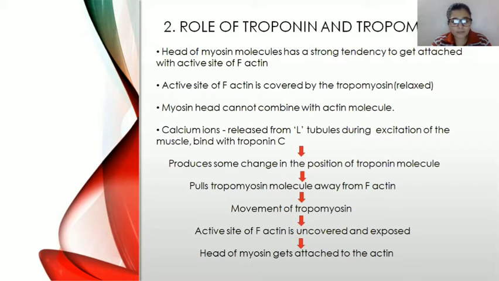The calcium ions released earlier from the L tubules during excitation of the muscle bind with troponin C. When they bind, there are changes in the troponin molecule, and the troponin in turn pulls the tropomyosin molecule which was covering the F-actin site. Through this mechanism, the active site is now open, and the myosin head can easily combine with that actin site. This is the role of troponin and tropomyosin.